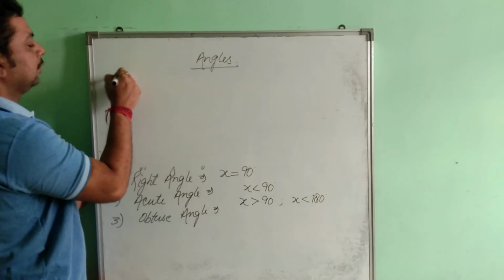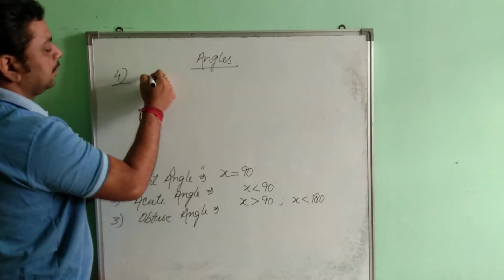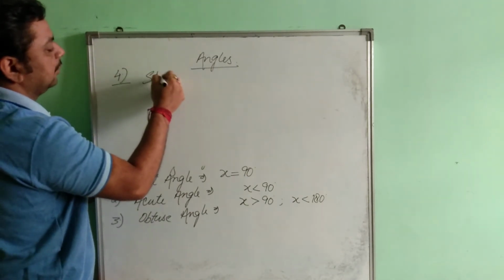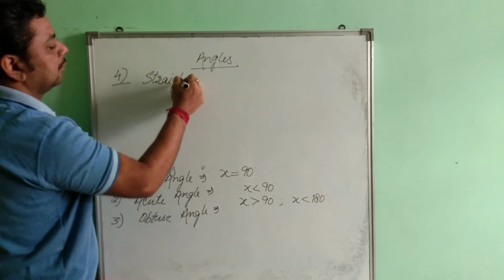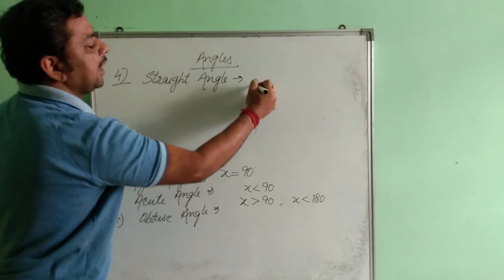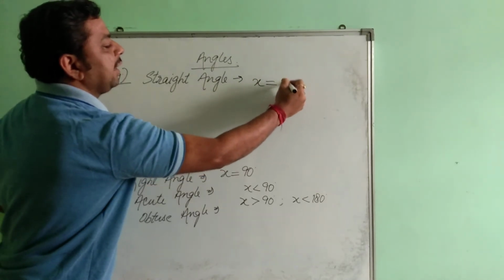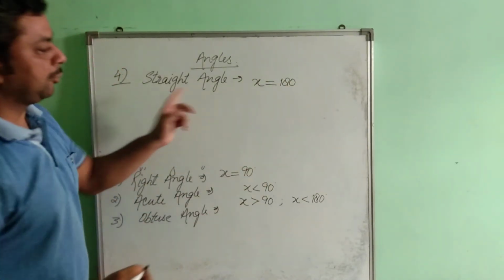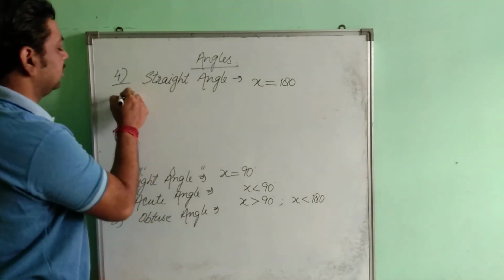Then the fourth one, straight angle. Any angle which is equal to 180 degrees would be considered a straight angle.